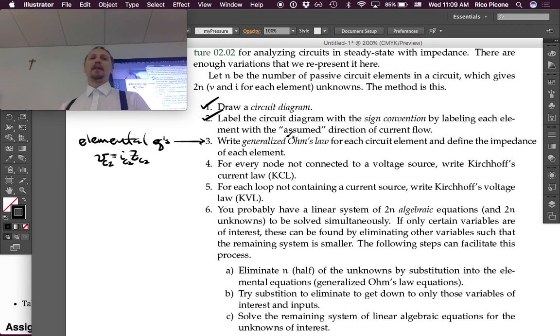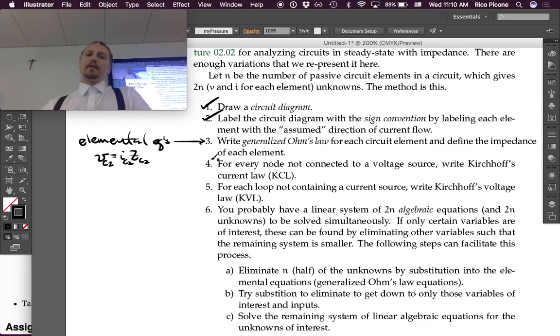But then for every element in the circuit, you've got V equals IZ, V equals IZ, over and over again. Okay, but it's pretty much the same. It's just that instead of having an elemental equation that's unique to each situation, you've got the same elemental equation for everyone.